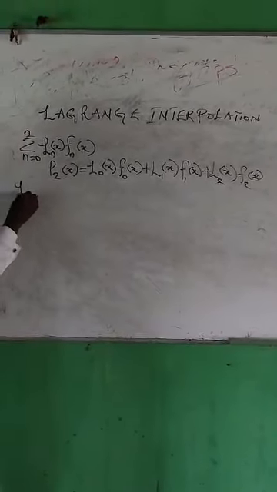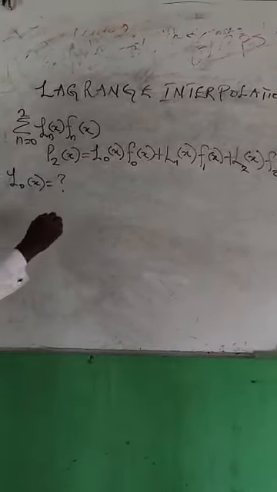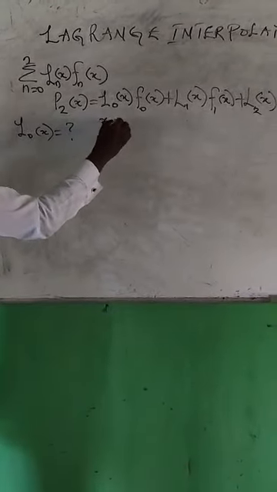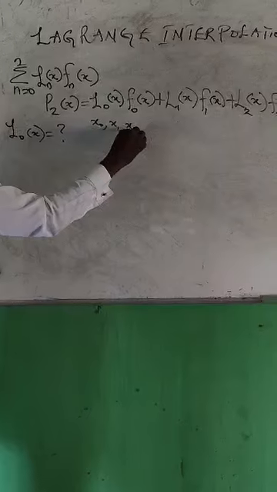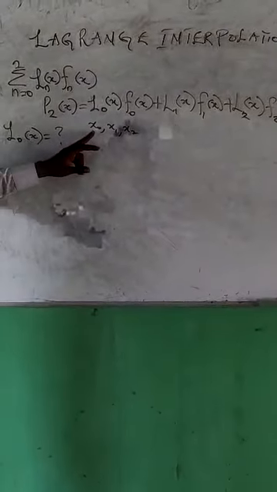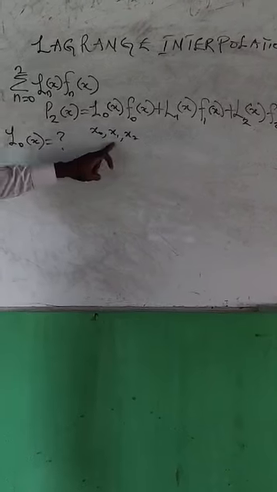So L naught is generated from the constant values that will be given, x naught, x1, x2. Note that if it is linear interpolation, we will be looking at x naught and x1. If it is quadratic interpolation, we consider x naught, x1, and x2.